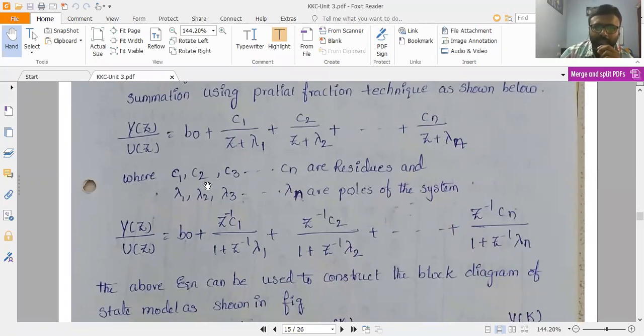So we have rewritten this transfer function of a discrete-time system in negative powers of z.